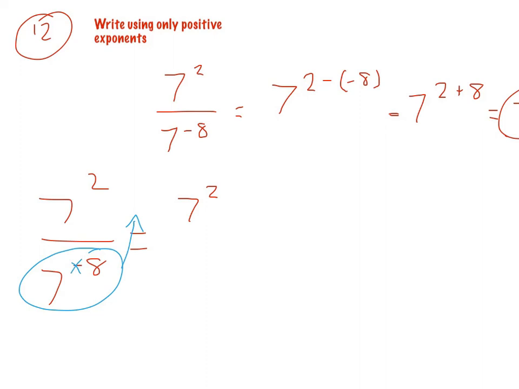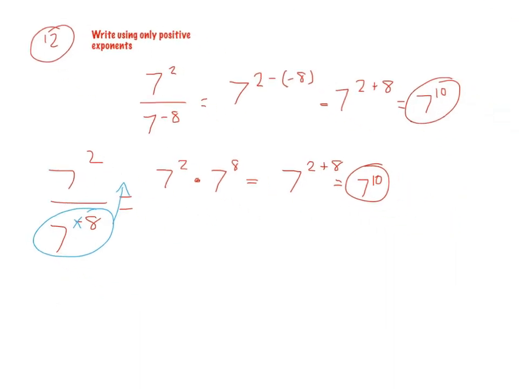So that's like saying 7 squared times 7 to the positive 8. And the product property of powers says that if I have two powers in a multiplication problem with the same base, I can add the exponents. And this way we would also get 7 to the 10th power. So either way you want to do it is totally fine. You're going to get the same answer.